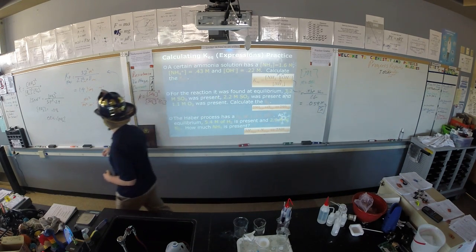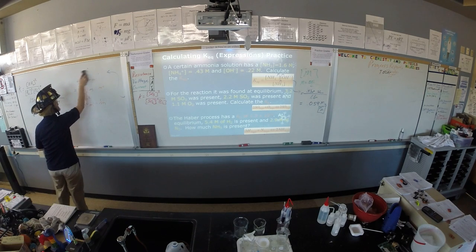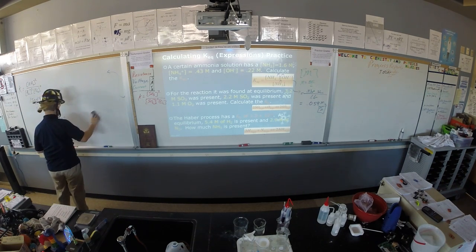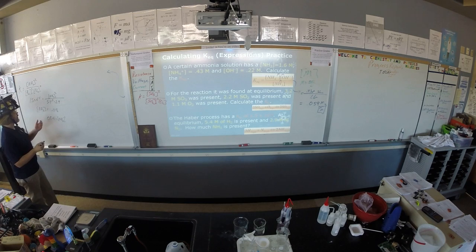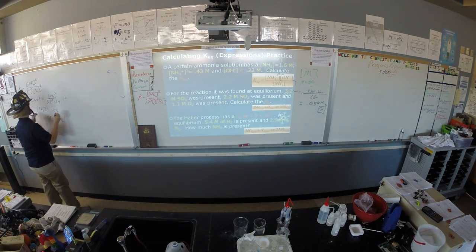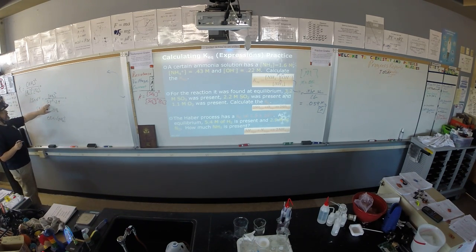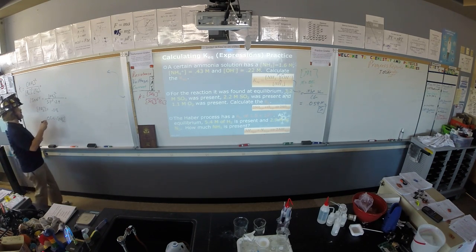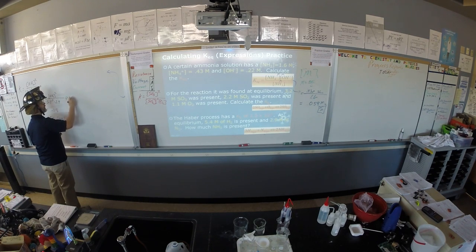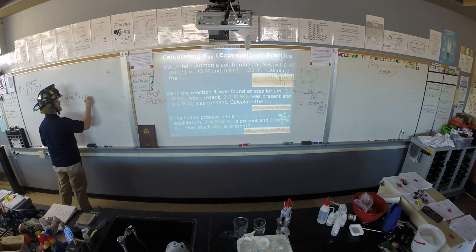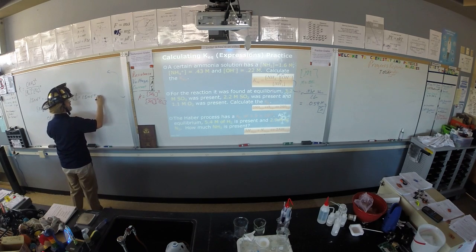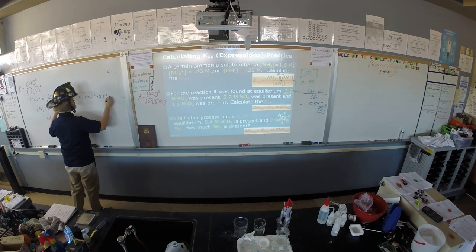Okay. So let's go ahead and walk through the math. This is going to be 1.5 times 10 to the negative 5 equals 5.4 cubed times 2.9 over the NH3 squared. So that means the NH3 squared is going to equal 1.5 times 10 to the negative 5 multiplied by 5.4 cubed multiplied by 2.9.